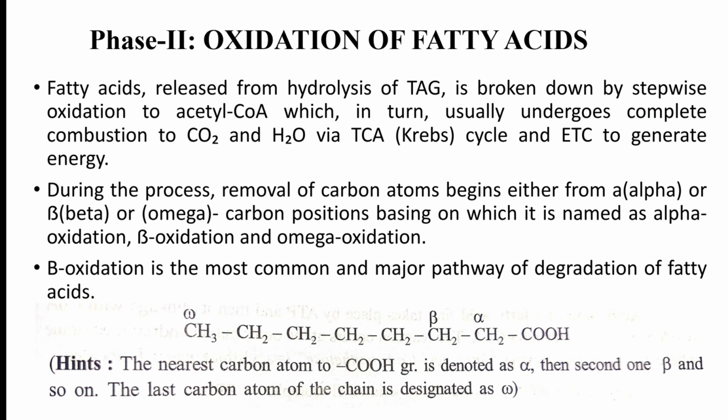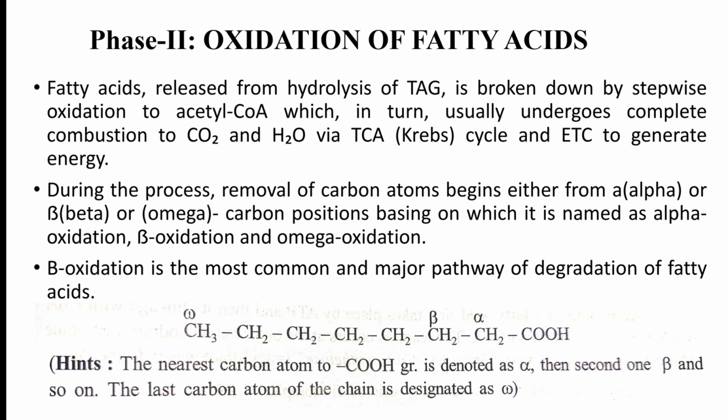Then oxidation of fatty acid, which is the second component of triglyceride. Fatty acid released from hydrolysis of triacylglycerol is broken down by stepwise oxidation to acetyl coenzyme A, which in turn usually undergoes complete combustion to carbon dioxide and water via the Krebs cycle and electron transport chain to generate energy.